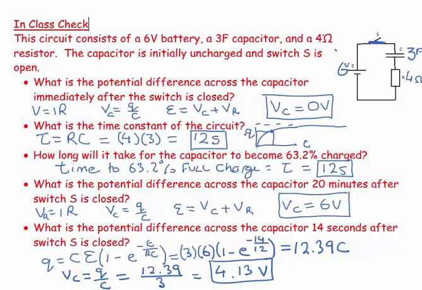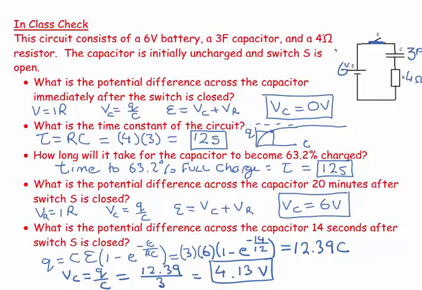So there's the typical layout of these kinds of questions. There's a bit of conceptual stuff about what's the potential difference immediately after you close the switch to charge up the capacitor. There's some knowledge about what the time constant is and how you find it. And then there's a little bit of conceptual about what happens once the thing is fully charged.